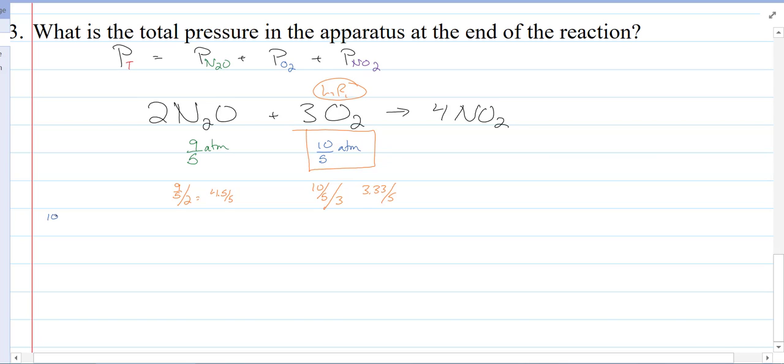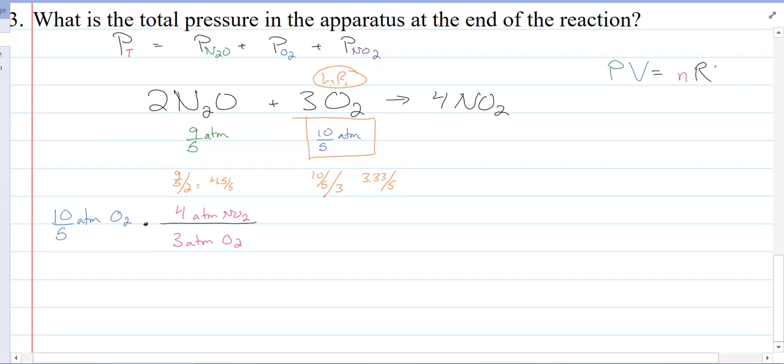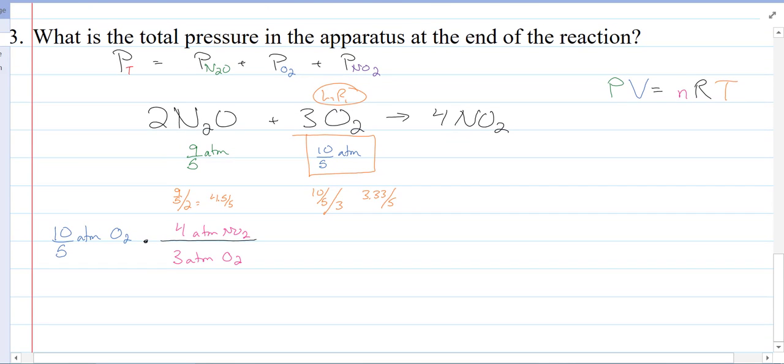I'm going to write this way. And we're going to multiply. We know it's 3 atmospheres of O2 to 4 atmospheres of NO2. Why? How can I do that? Well, if we go PV equals nRT, let's talk about what changes, what doesn't.